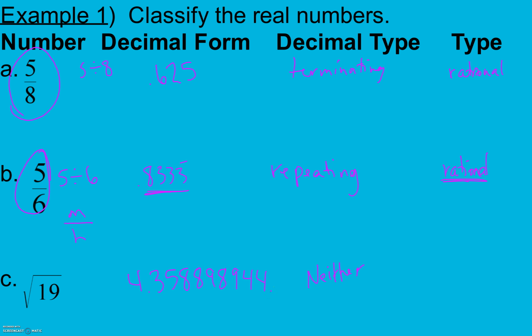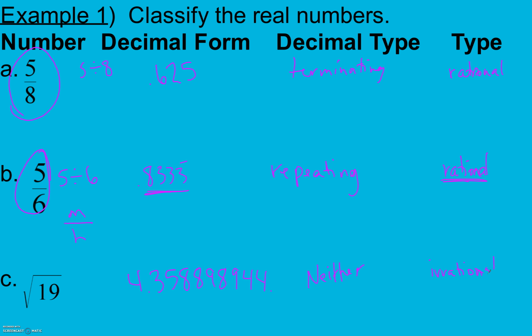That's just all that our calculator can show. So it goes on further. My calculator only shows this many digits. So it doesn't terminate and it doesn't repeat. So here, since it doesn't do either of those things, it's irrational, as in not rational. We can't write that as a fraction.